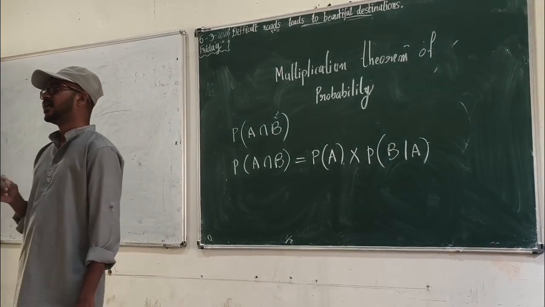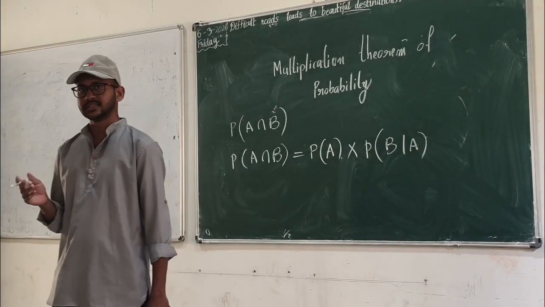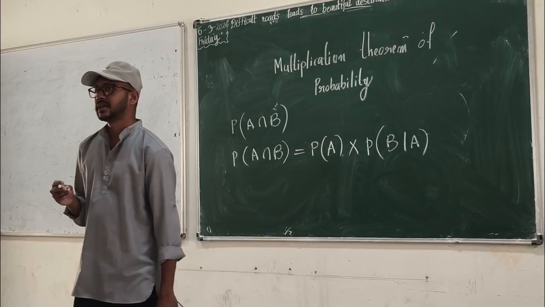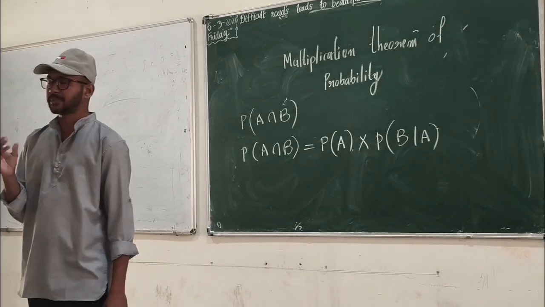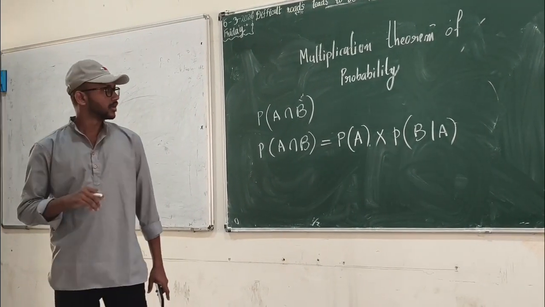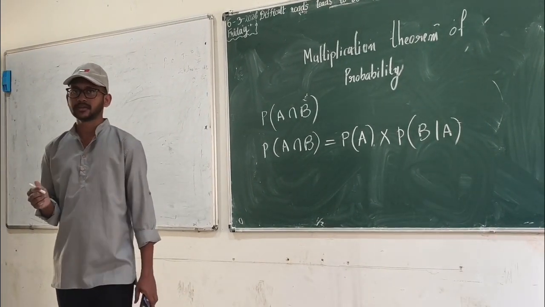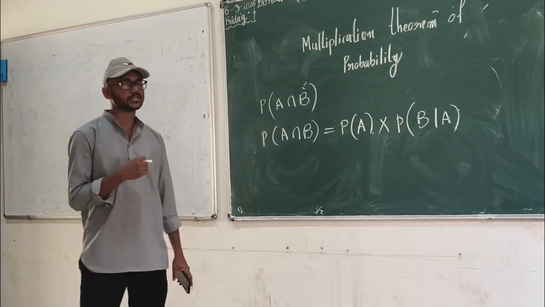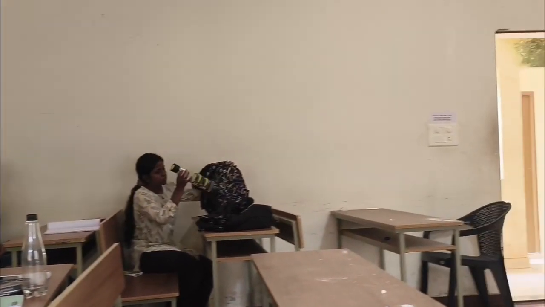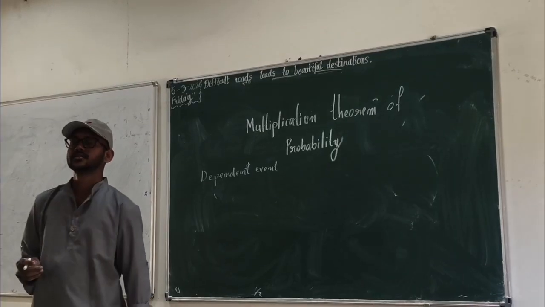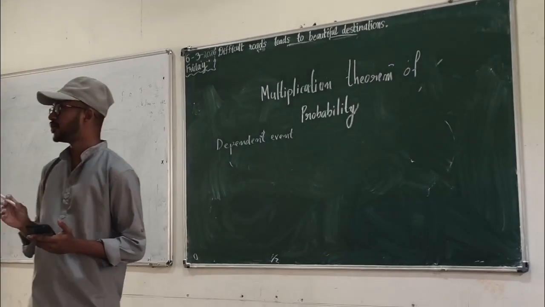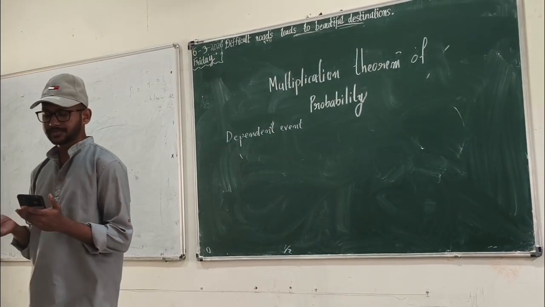Because the events change. The events can be independent or dependent. So there are 2 kinds of events that can happen. Let us discuss the dependent event first, with an example.